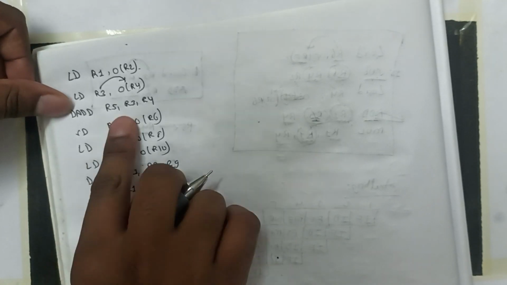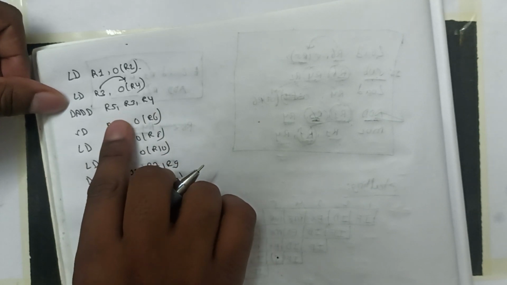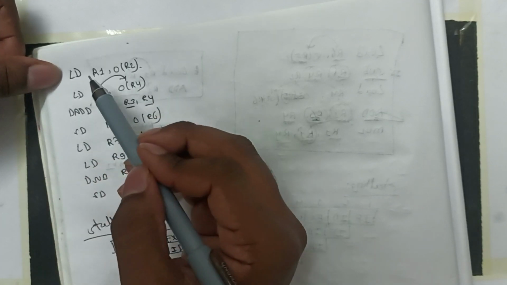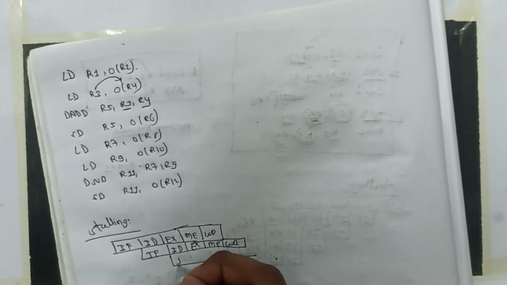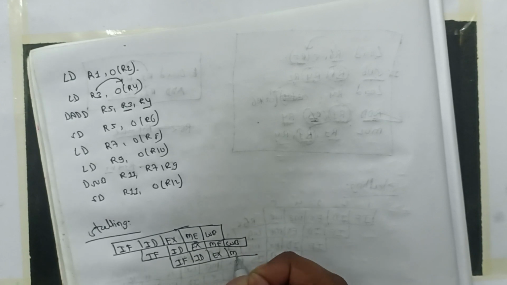Add R3 and R4 and store in R5. Is there any dependency? No, because R3 and R4 are not dependent on any previous instructions. Simply IF ID EX MEM and WB.